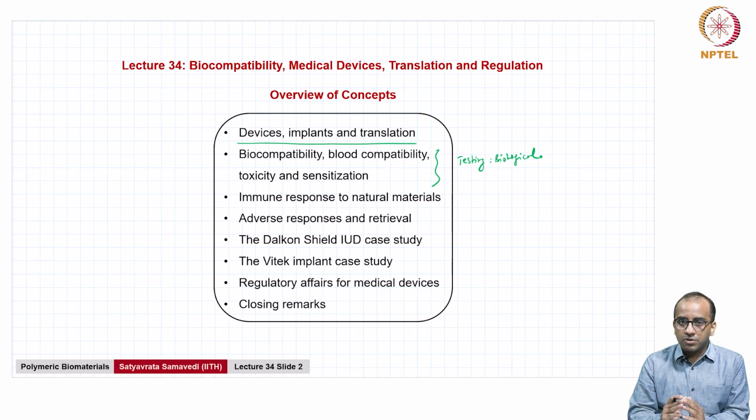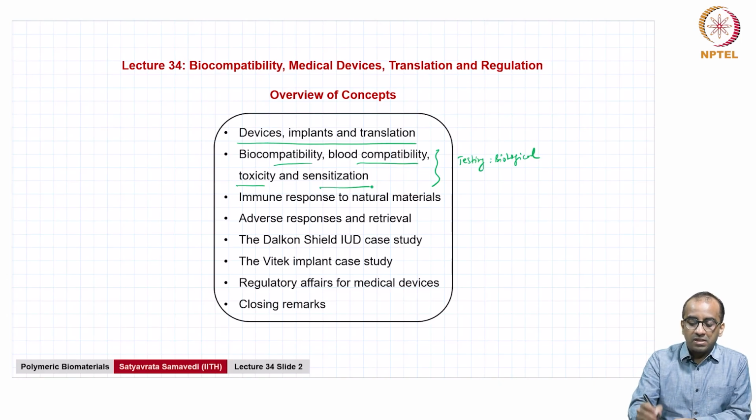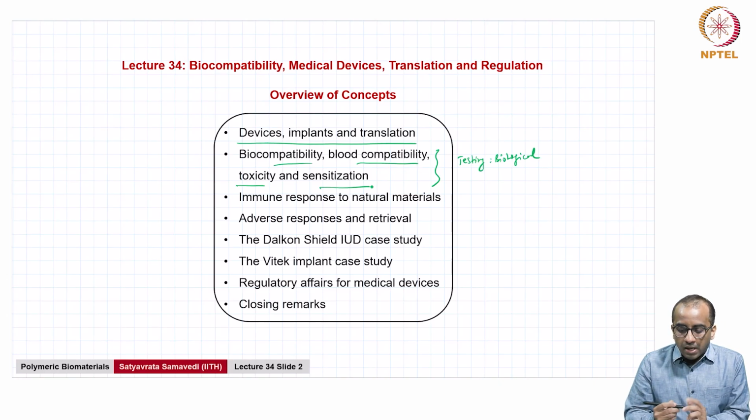Here we are going to be focusing on biological testing, particularly with regard to biocompatibility and blood compatibility, as well as toxicity and sensitization. And then we will take a look at immune response to natural materials, which we have not looked at in any detail in previous lectures.